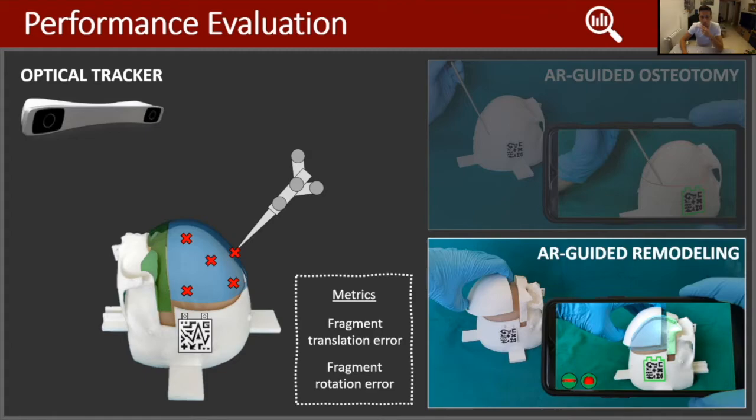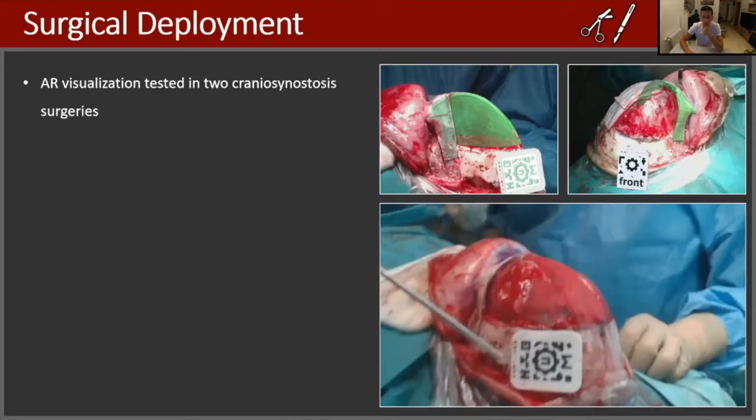And we computed two different metrics, the fragment translation error and the fragment rotation error. Finally, after testing on simulation phantoms, we tested our system on the complete augmented reality workflow in two craniosynostosis surgeries.